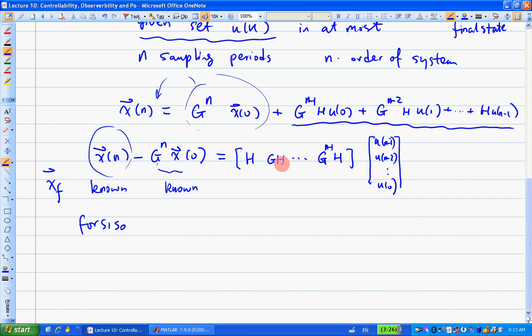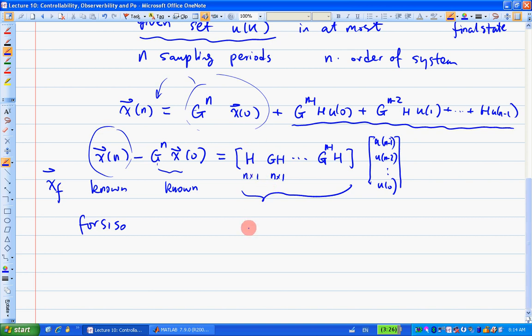So G multiplied by H gives us a size of n by 1. So G is n by n, H is n by 1, so this is n by 1, and all of these columns are n by 1 columns. So what's the size of this matrix then?